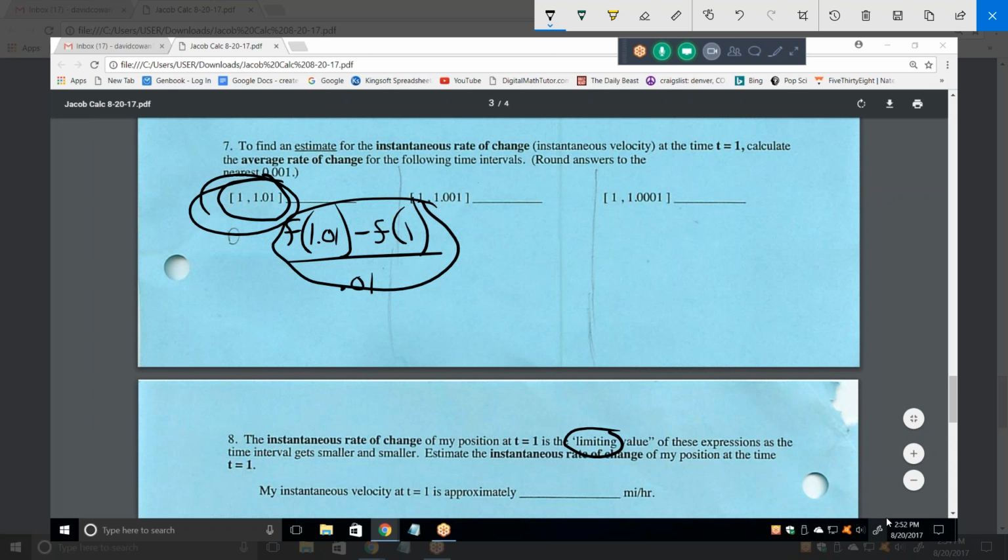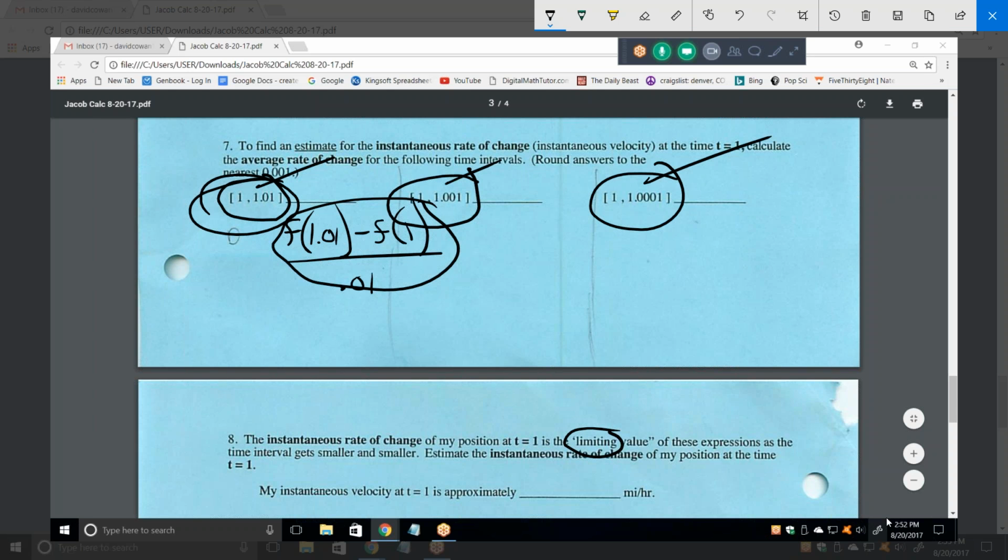You can do the same thing for a smaller time interval. Notice that this only goes for 1/1000th of a second. Over here, we're at 1/100th of a second. And finally, they want you to do the average rate of change in 1/10,000th of a second. Well, guess what? This approximates the instantaneous velocity the best.